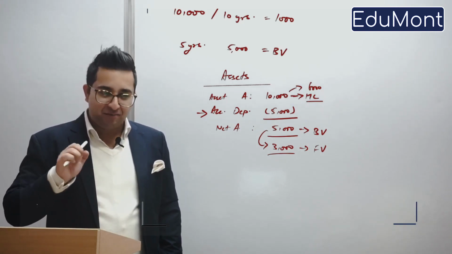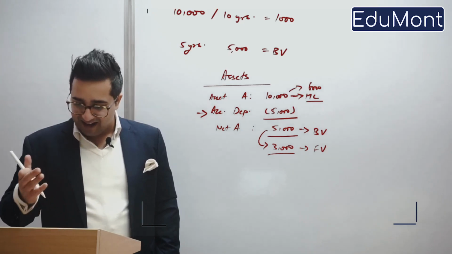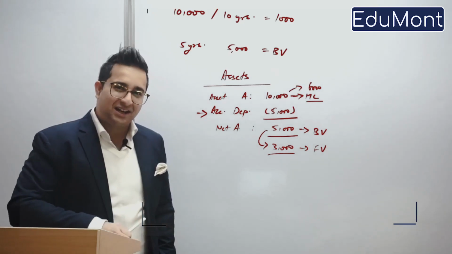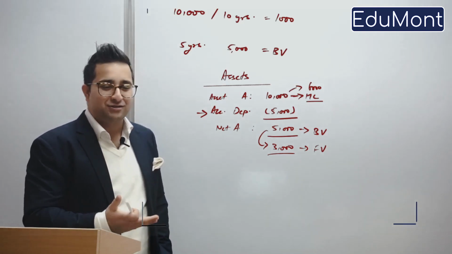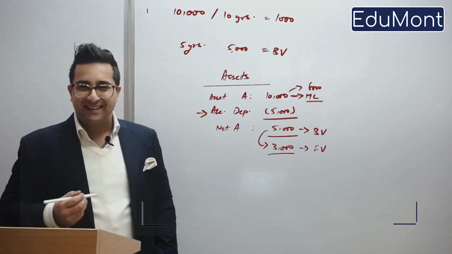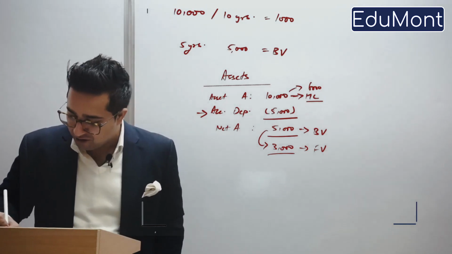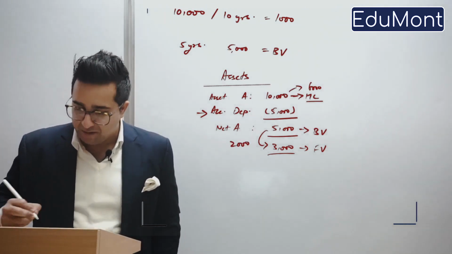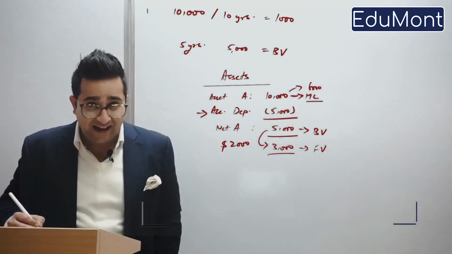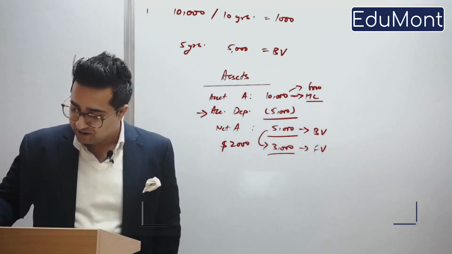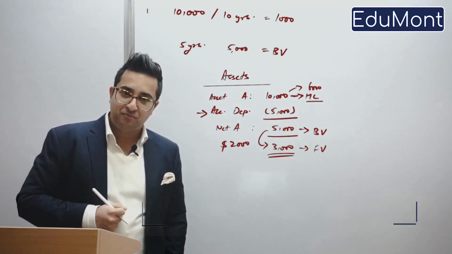Your intention is to mark impairment. Let people know that the value of the asset has declined. It's not that I don't know where to sell it or I've sold it too cheap. That is not what happened. So what I will do is mark a $2,000 impairment and bring my asset to a new value of $3,000, which is also fair market value.